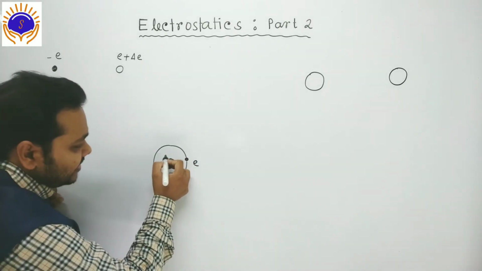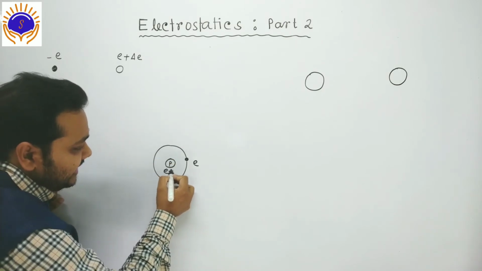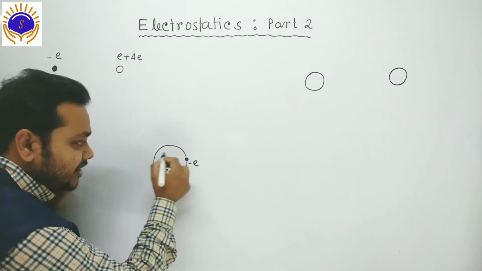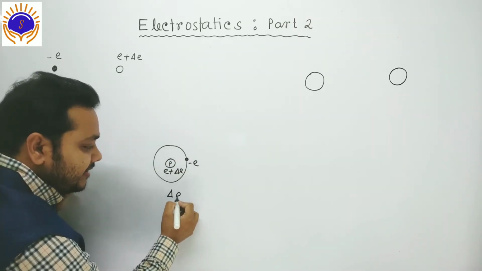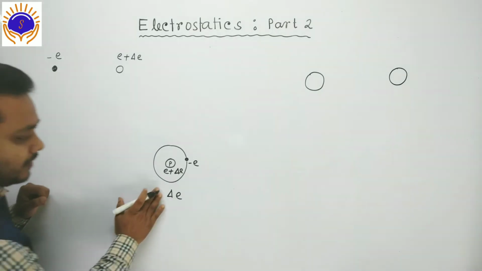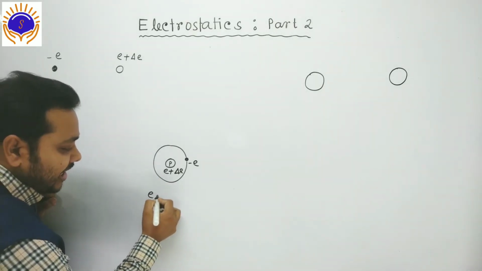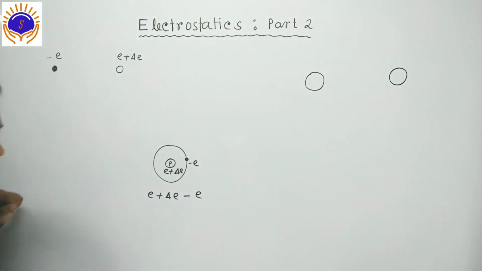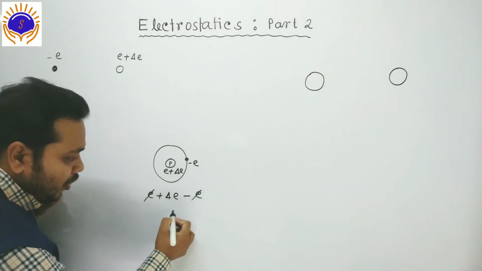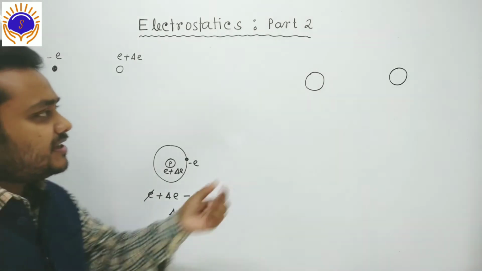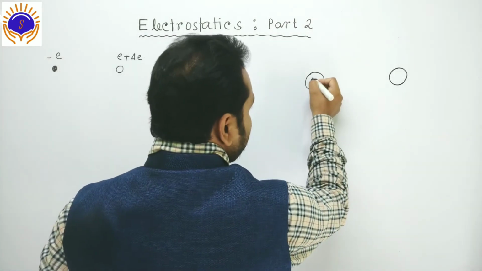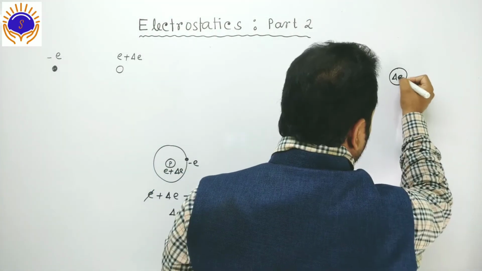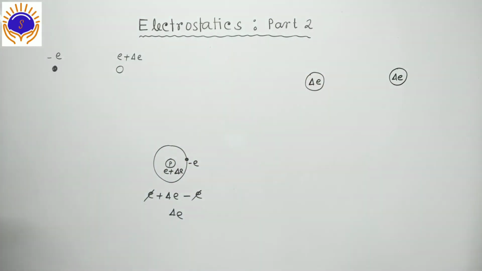The protonic charge, that is the charge of the nucleus, is E plus delta E and the electronic charge is minus E. The net charge of the hydrogen atom is delta E. Okay, the net charge will be the charge of the nucleus plus the charge of the electron. So the net charge will be only delta E. So this is a hydrogen atom. The charge of one hydrogen atom is delta E and the charge of the other hydrogen atom is delta E.